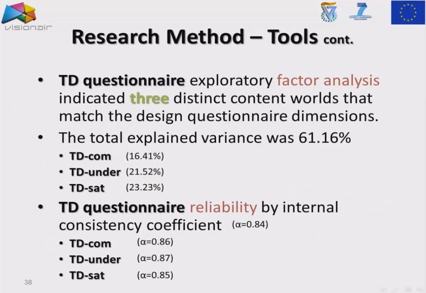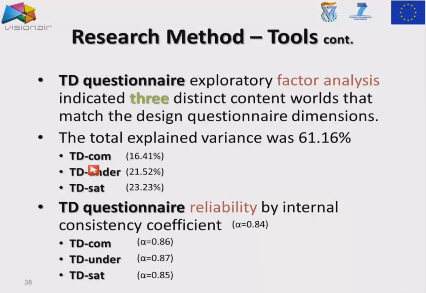And as you can see, we did exploratory factor analysis that really indicates three distinct factors, and the total explained variance was about 60. Each factor explained something and was meaningful.